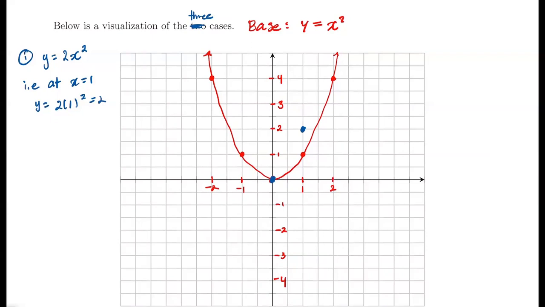And same thing on the other side, we'll have something like this. And now the 4 here is just going to go beyond, so we'll just try our best to approximate it. But this is what the function would look like now. So this is the first case, where we have a vertical stretch greater than 1.